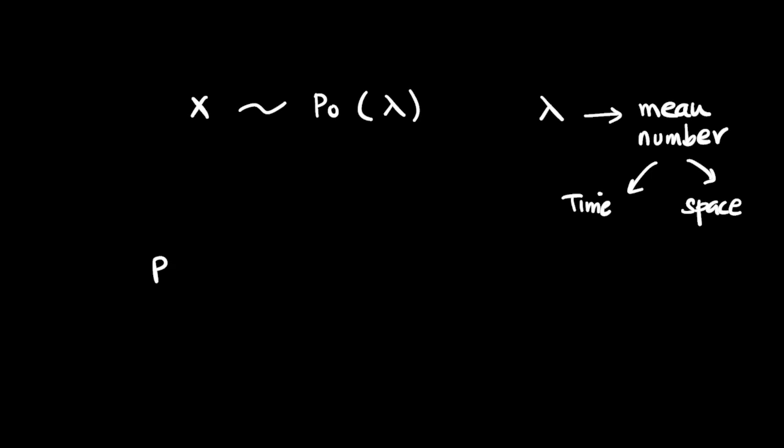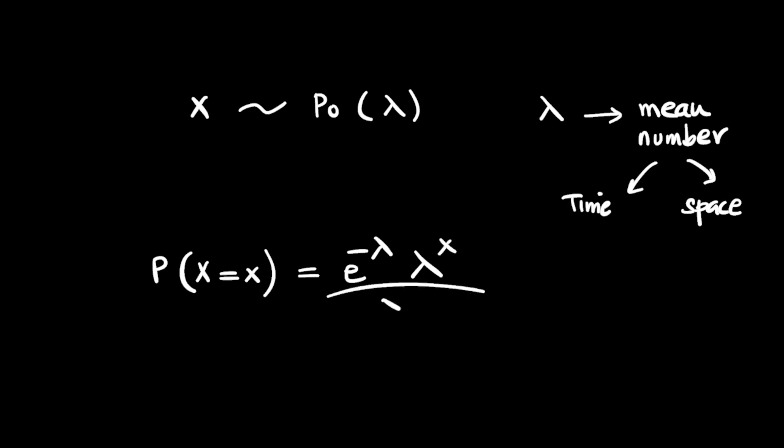And the formula that we will use is probability X is equal to x, that equals the exponential function raised to power of negative lambda, lambda raised to power of x, divided by x factorial, where x takes the value 0, 1, 2, 3, 4.